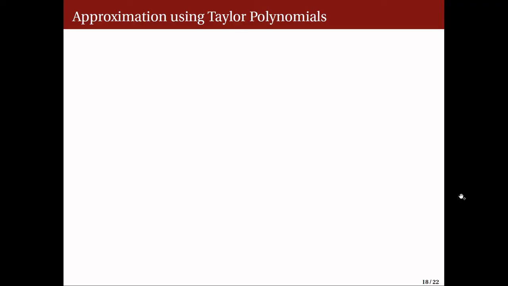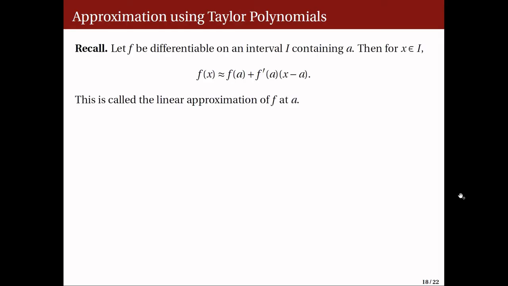Okay, so let's first have some recall. Consider a differentiable function f on an interval containing the number a. Then, for x in the interval, f of x is approximately equal to f of a plus f prime of a times x minus a.